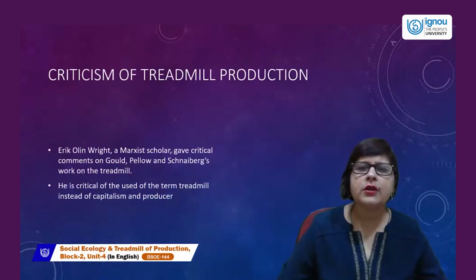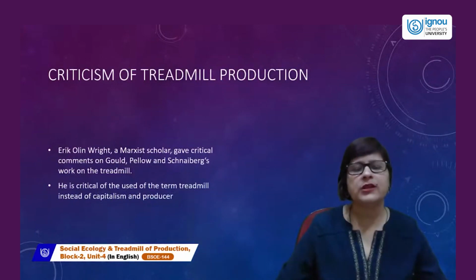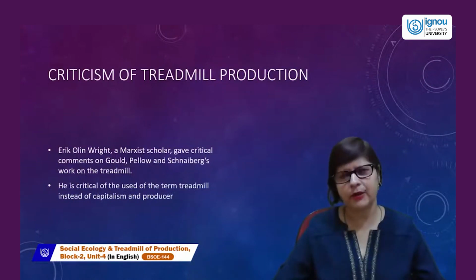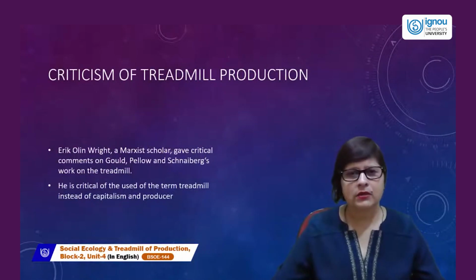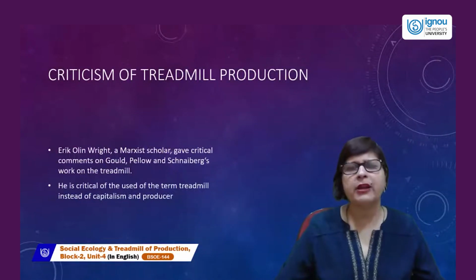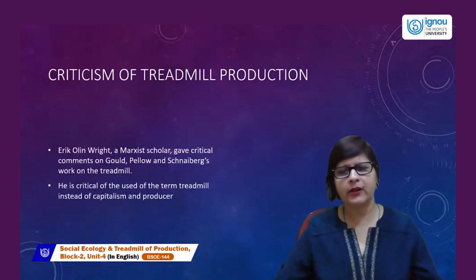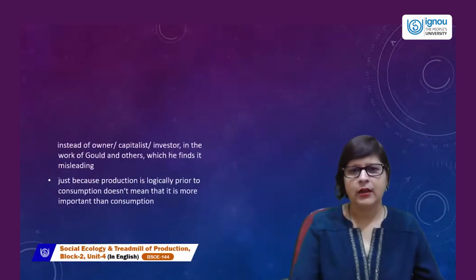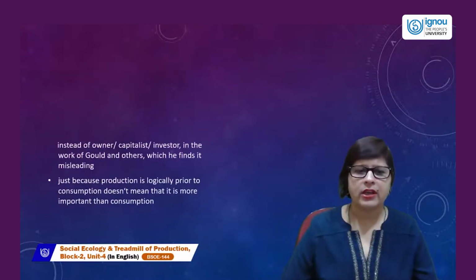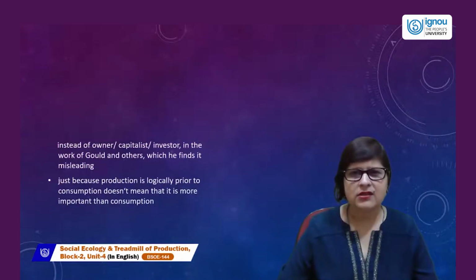He is critical of the use of the term treadmill instead of capitalism and the producer. He was not in favor of using the metaphor treadmill instead of capitalism or the producer, right? Instead of the owner or the capitalist investor in the work of Gould. So he was against the use of the metaphor treadmill.